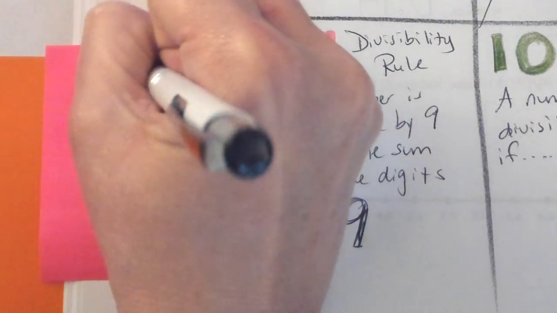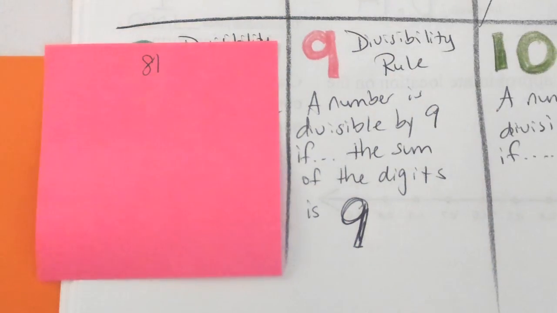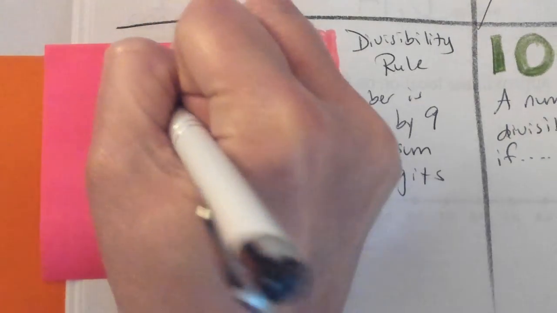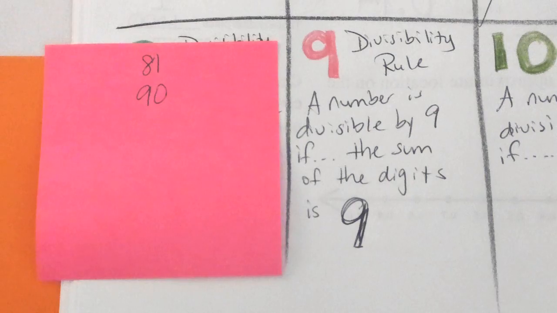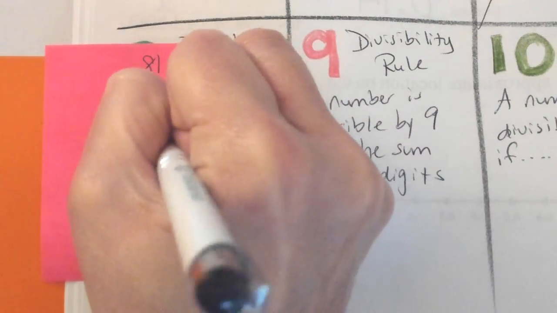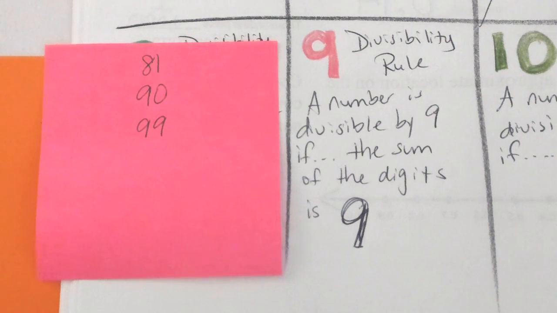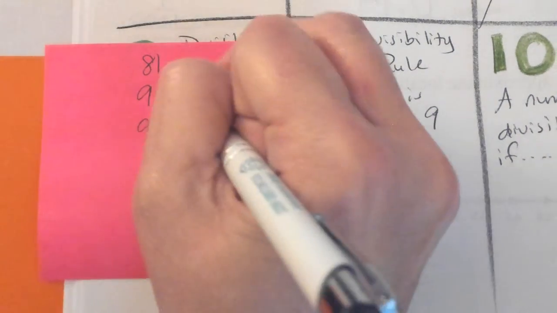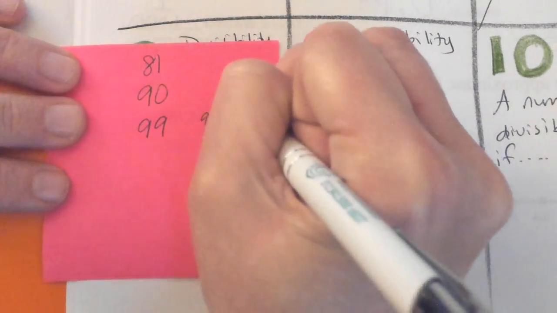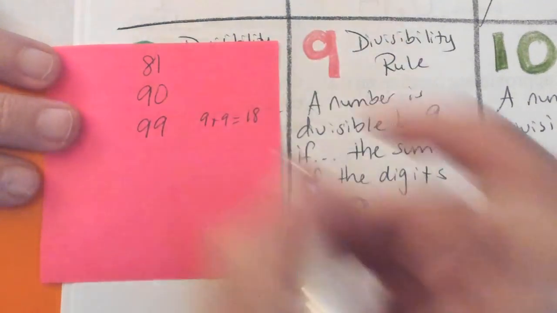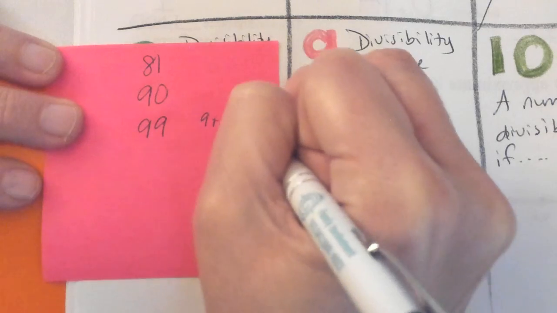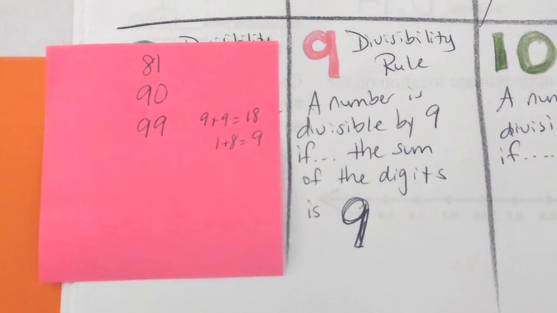So like 81 is divisible by 9. 8 plus 1 equals 9. 90 is divisible by 9. 9 plus 0 equals 9. 99 is also divisible by 9. You know that 9 times 11 is 99. Well, 9 plus 9 actually equals 18. But 1 plus 8 equals 9.